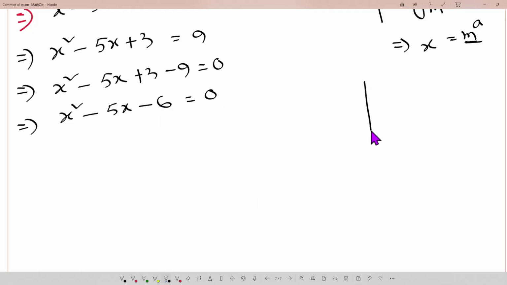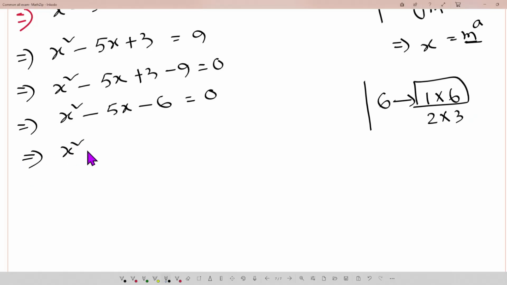So which one will we get? Look, 1 times 6 and 2 times 3, both are 6. So in this case we will use this one. It means x square minus 6x plus 1x, it means x minus 6 equals 0.